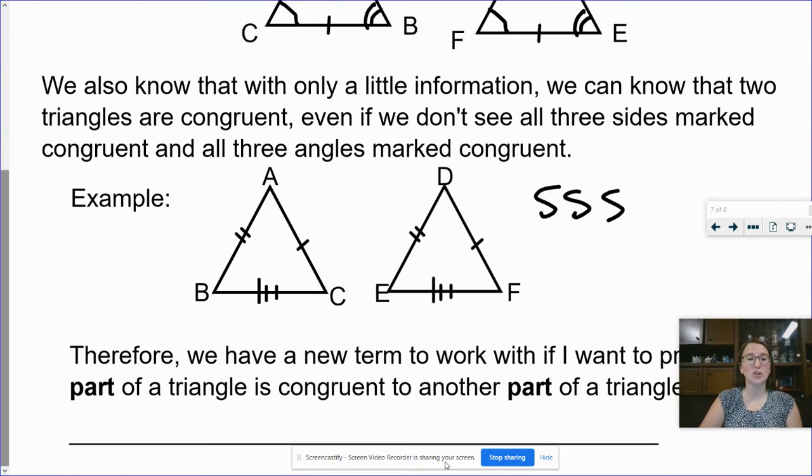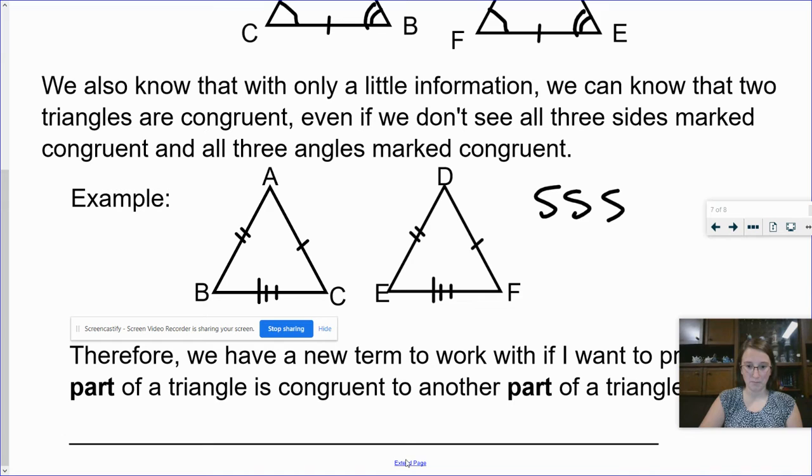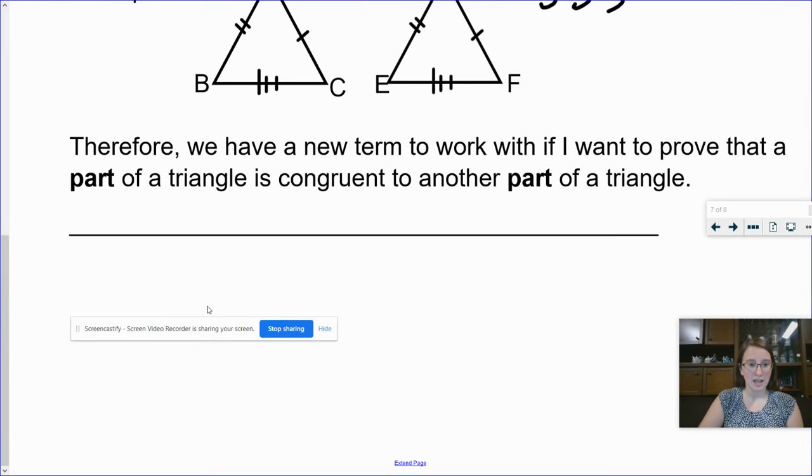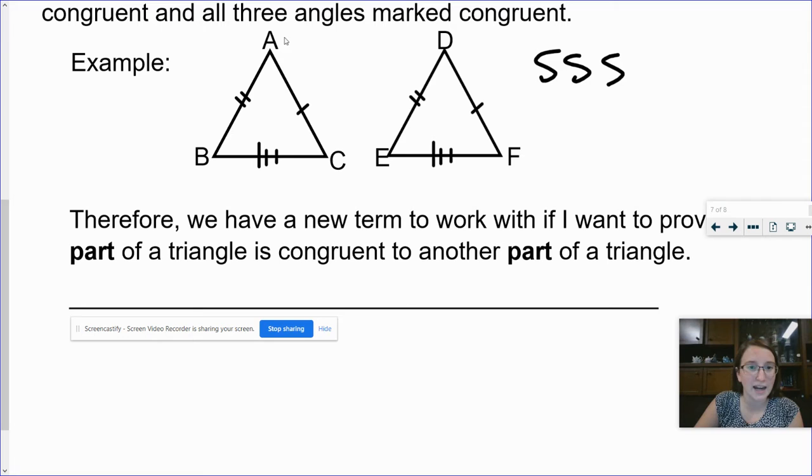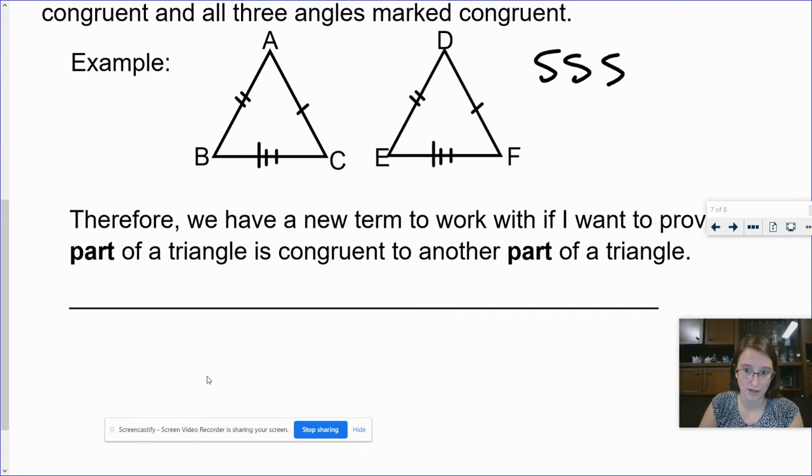Now, we have a new term to work with. What this term does is help us prove that a part of a triangle is congruent to part of another triangle. This is not saying this triangle is congruent to this triangle. It's saying maybe something like, I want to prove that angle A is congruent to angle D. If I know that these two triangles are congruent, I know that all their parts are congruent.